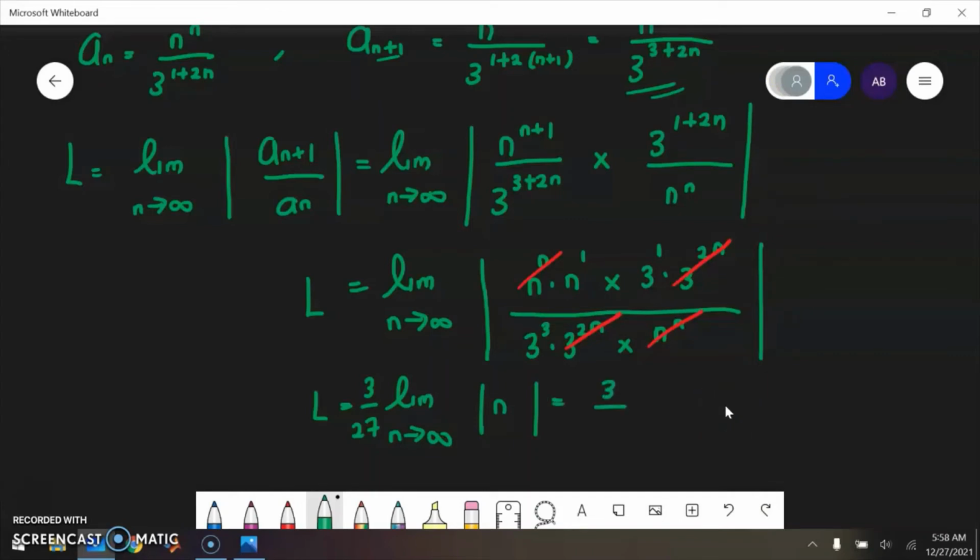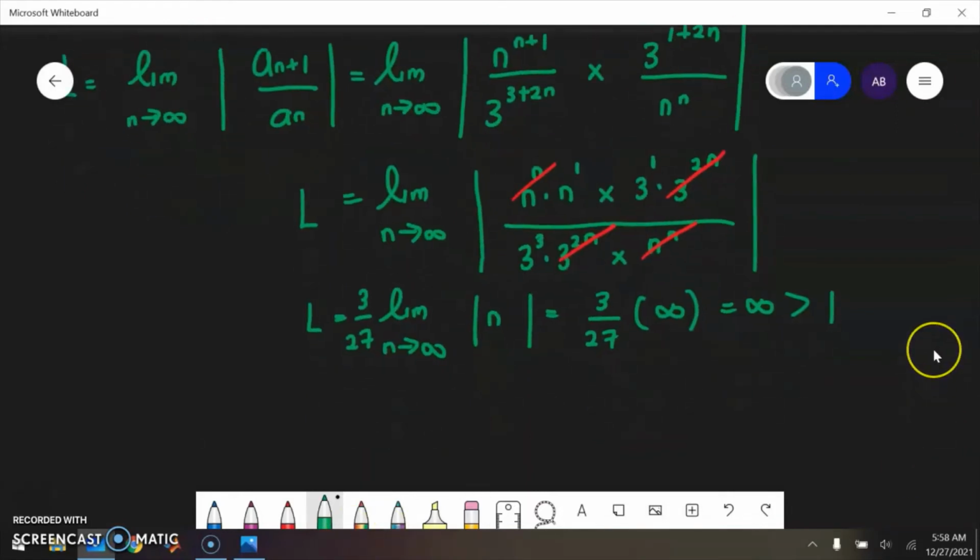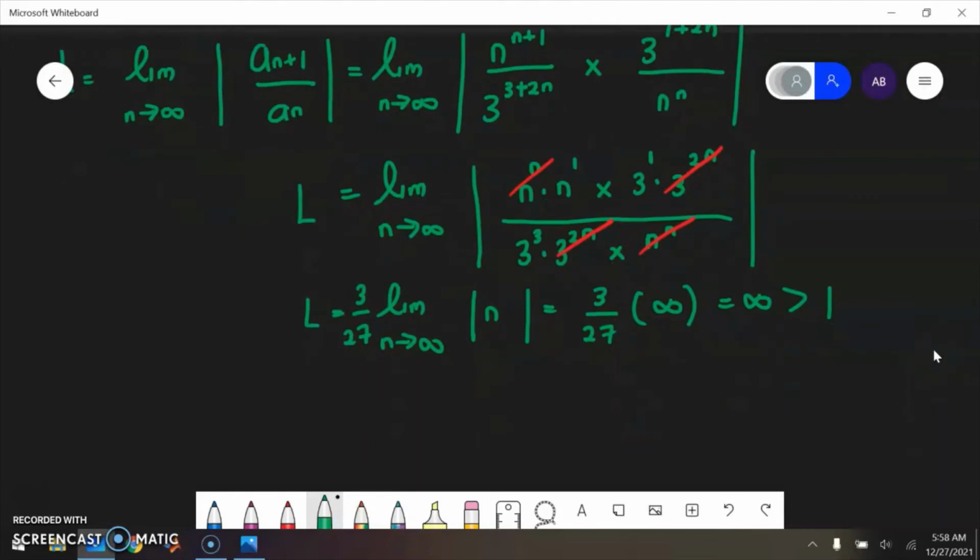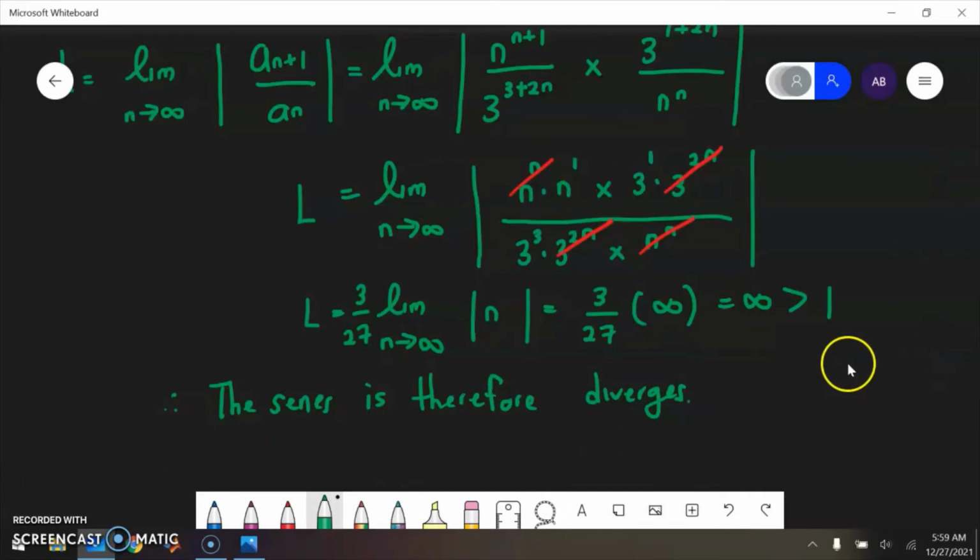So it doesn't matter what your number here is, it gives you infinity, which is greater than 1. So the series diverges, similar to my root test. You can see that both the ratio and root tests should give you the same conclusion. Now let's look at another example if we still have time.